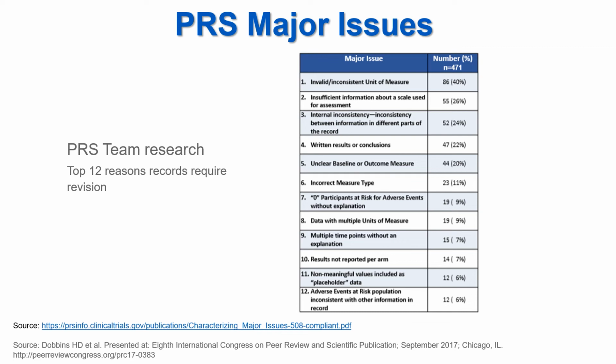In an article published in 2017, the PRS team presented result submissions to characterize the type and frequency of major issues identified in result submissions by ClinicalTrials.gov. They found that about 85% of occurrences of major issues could be described using only 12 categories, with the most frequent error being reported invalid or inconsistent unit of measure.